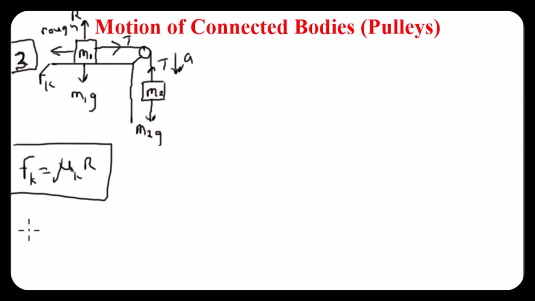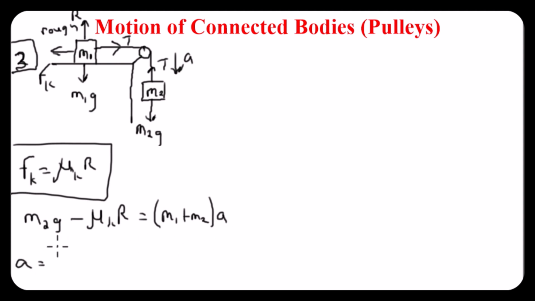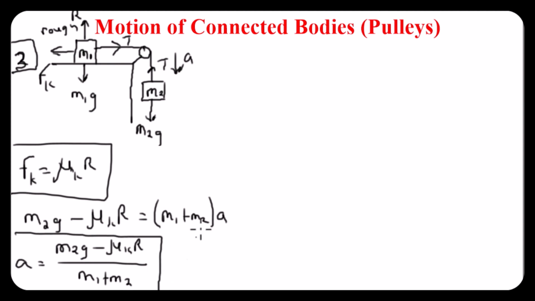Since my object is accelerating this way, I'll have m2g minus mu k of R, and this must be equal to m1 plus m2 in the bracket of A. Making A the subject of the formula, we have A equal to m2g minus mu k R all over m1 plus m2. So here we've gotten an expression for the acceleration in this particular system.